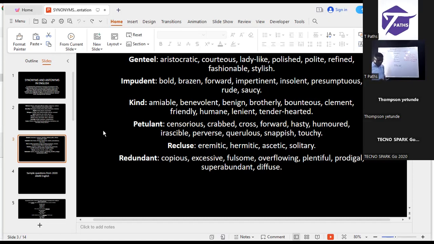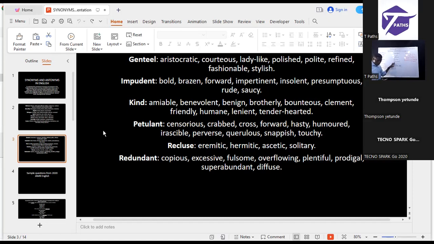The last word we have here is redundant. I know you have heard the word redundant before. What does it mean? What other word can we use in place of the word redundant?